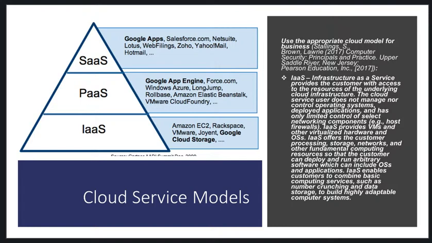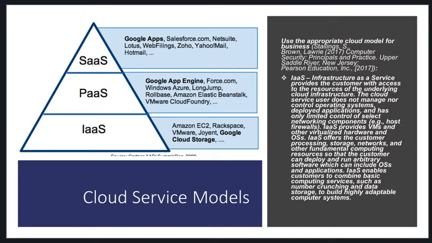Infrastructure as a service provides the customer with access to the resources of the underlying cloud infrastructure. The cloud service user does not manage or control operating systems, deployed applications, and has only limited control of select networking components, for example, host firewalls.